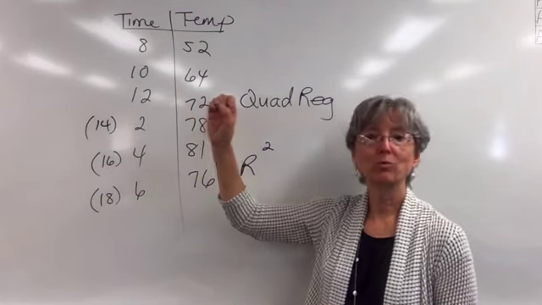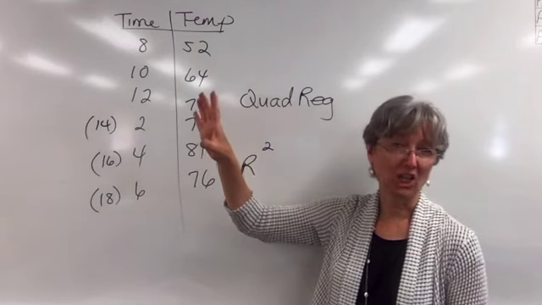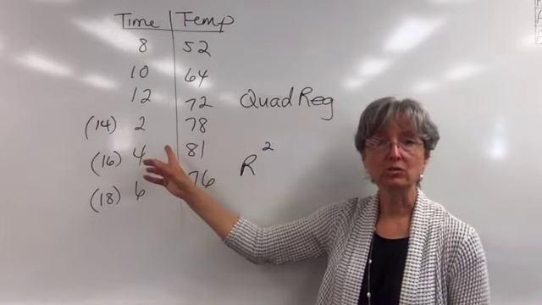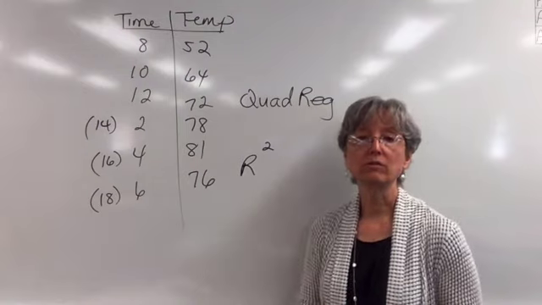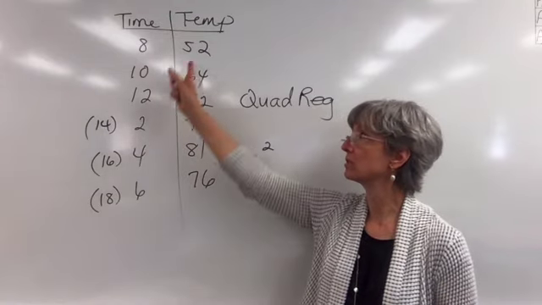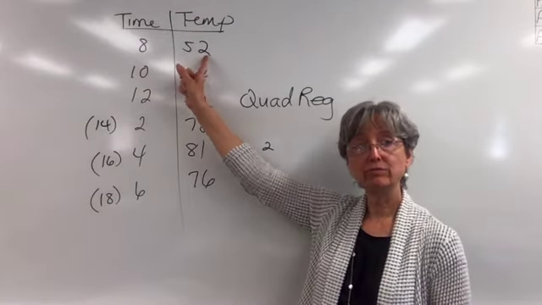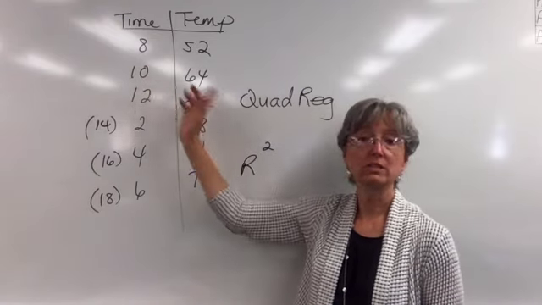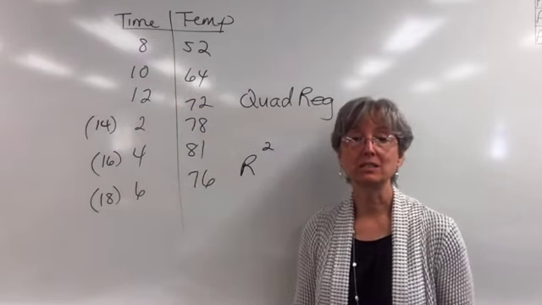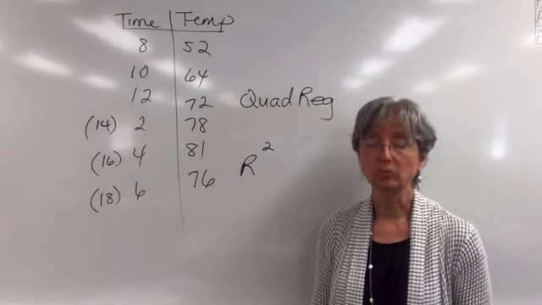We did it before when one was 0, 0, which made it a lot easier. You're not going to get any 0, 0s, but it will still work. And you can use 3 equations and 3 variables, set up 3 equations, make y 52 when all your x's are 8, y is 64, etc., and then solve for your a, b, and c, and that will also work.